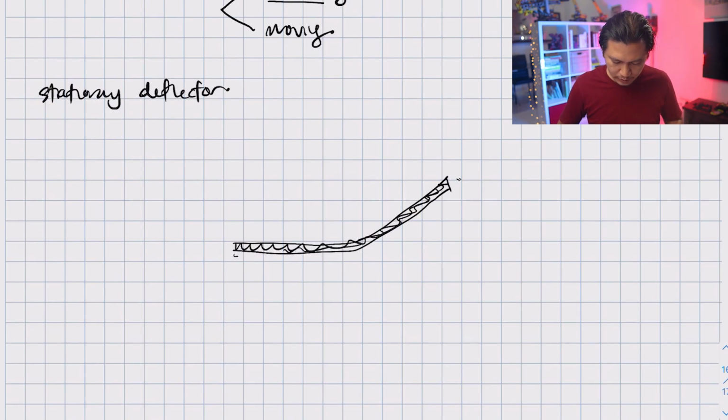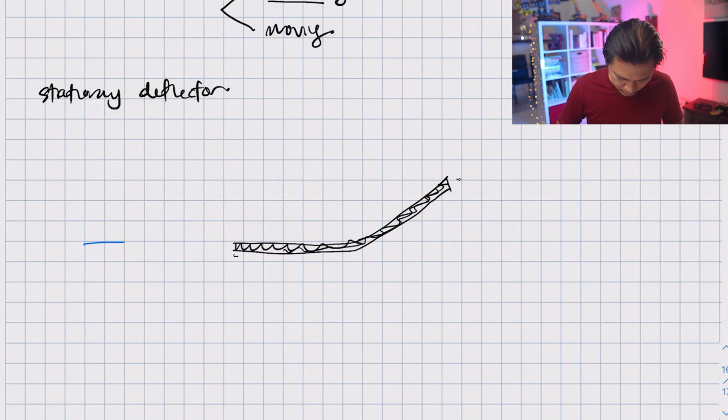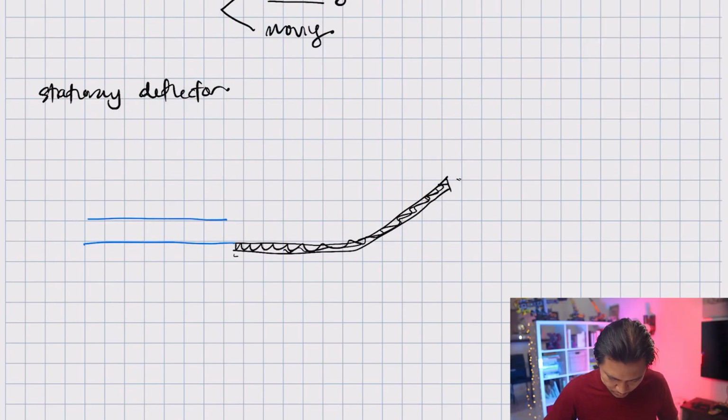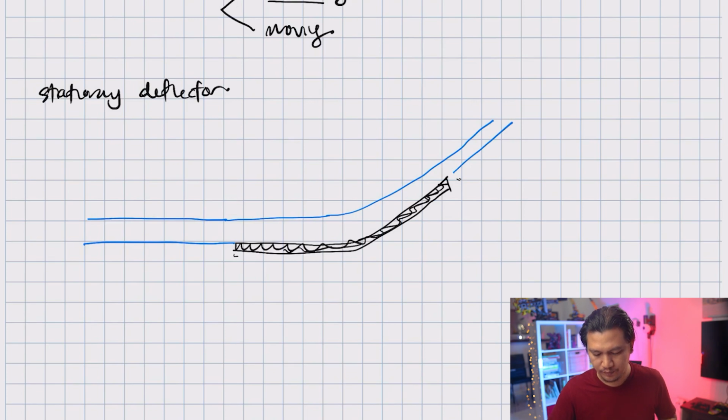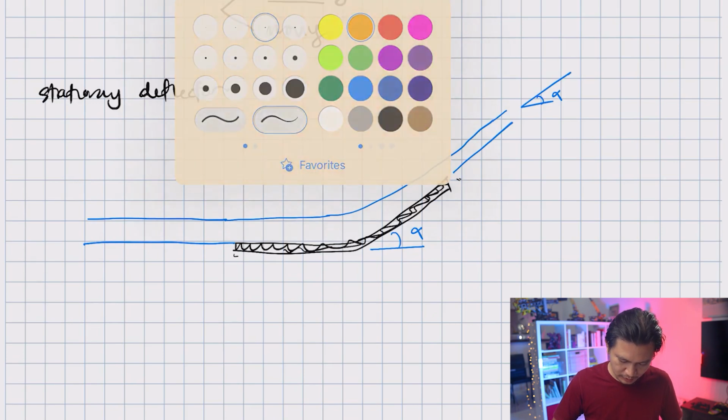Water comes from the left hand side, and I'm going to write this in blue. It will follow the shape of this deflector and deflect upward at a certain angle. The exit angle of the water, alpha, is equal to the angle of the deflector, which is also alpha.